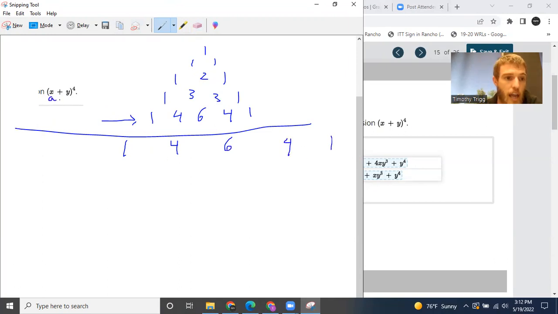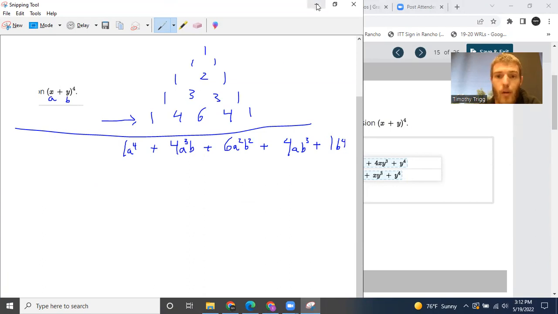And this is essentially our A and our B. So we're going to have A to the 4th here, plus, remember, these powers decrease, so A to the 3rd, then B, plus A squared, B squared, plus 4, A, B to the 3rd, plus 1, B to the 4th. And you are done.